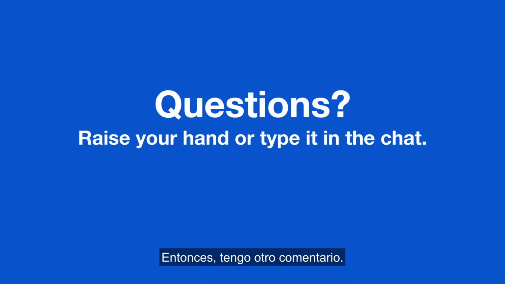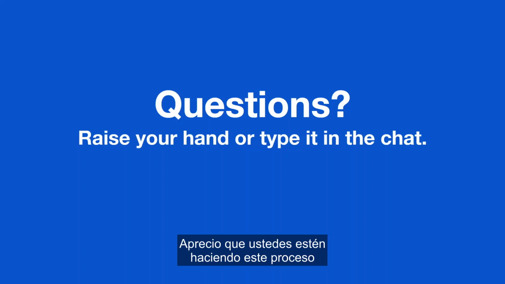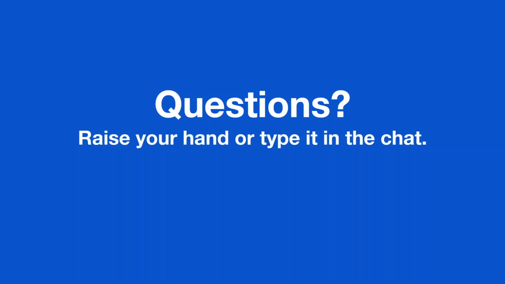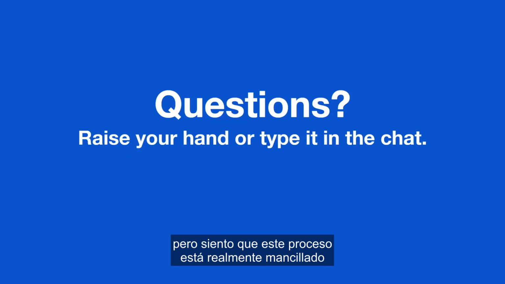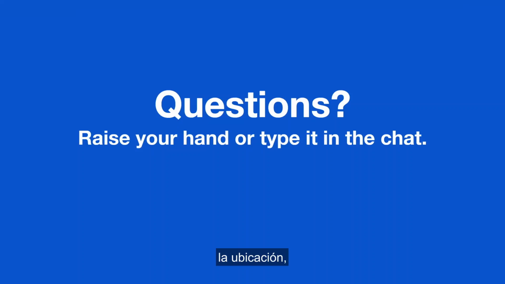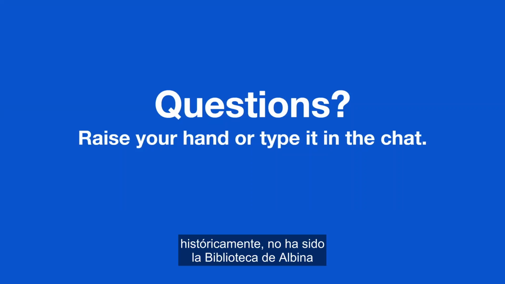Okay. Then I have another comment. Sure. So I appreciate that you guys are doing this process and that you're reaching out to the community and even taking advantage of Zoom, of doing it digitally. But I feel like this process is really tainted because the Albina library that we're talking about now, the location, historically has not been the Albina Library for a very long time.